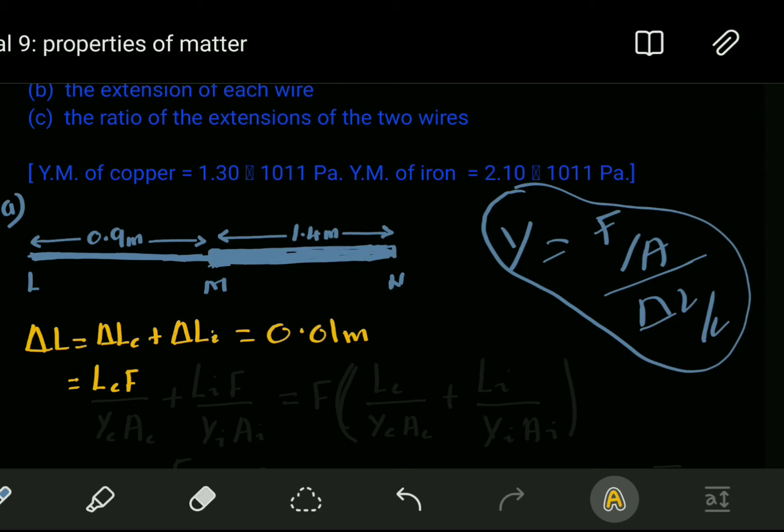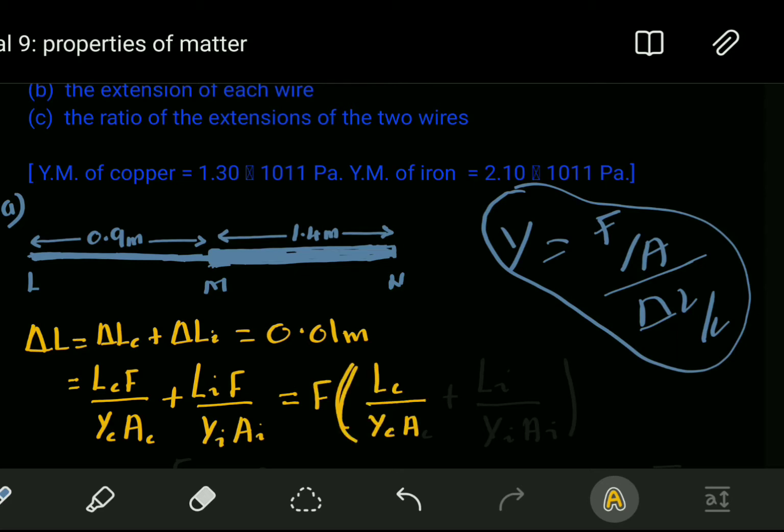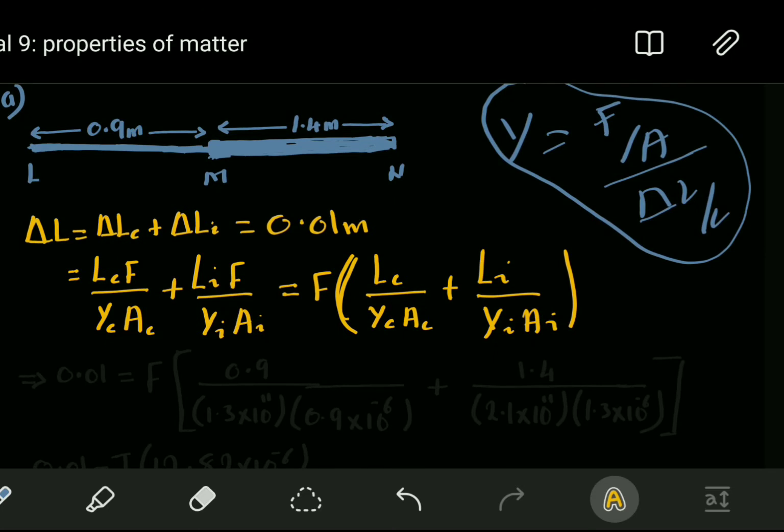Therefore, I have the length of copper times the force divided by the Young's modulus of copper times the area of copper, plus the length of iron times the force divided by the Young's modulus and the area of iron, giving me F multiplied by LC over YC times AC plus LI over YI times AI. Notice here that all these expressions are simply the expressions for the change in length of copper and the change in length of the iron wire respectively.